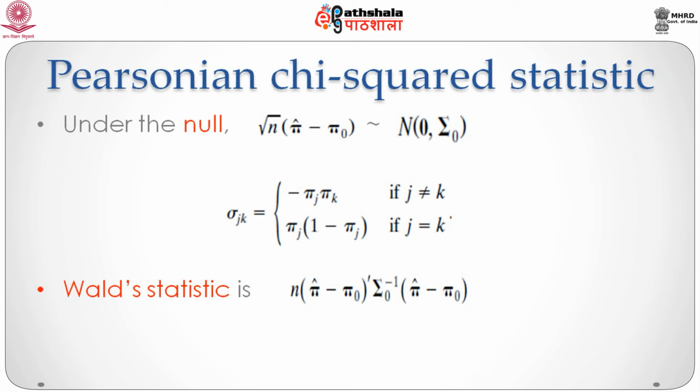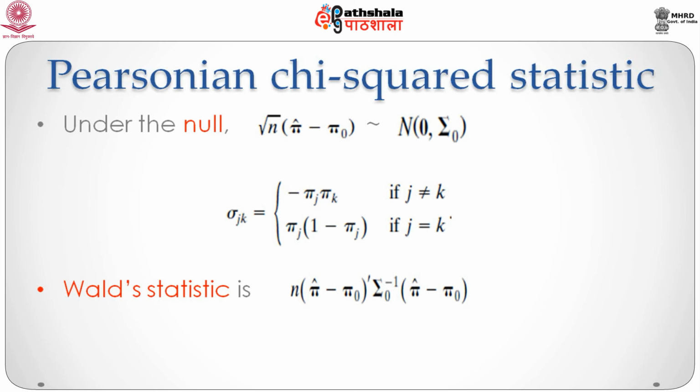Note that by virtue of properties of the maximum likelihood estimators, root n (pi hat minus pi naught) follows normal 0, sigma naught, where sigma naught is a matrix with element sigma jk equal to minus pi j pi k if j is not equal to k, and pi j into (1 minus pi j) if j is equal to k.